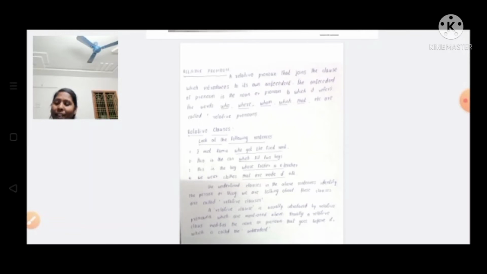Relative clauses. Next one, relative clauses. Look at the following sentences. The first one is, I met Ramu who got the first rank. The second sentence, this is the car which the two boys.